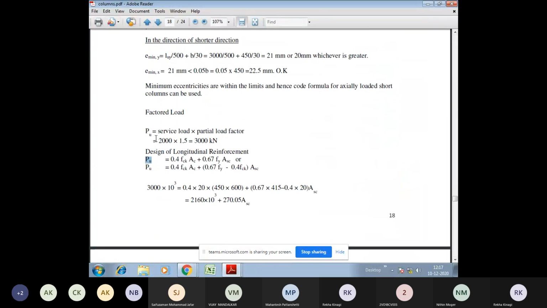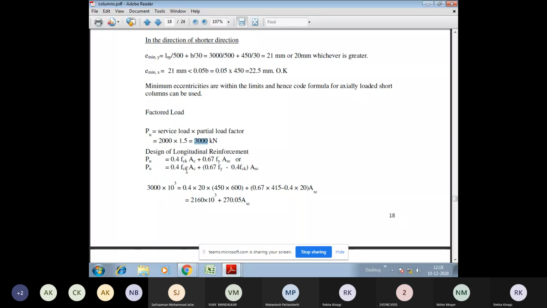So we can convert P, that is working load, into factored load. So 2000 into 1.5, that is equal to 3000 kilonewton.